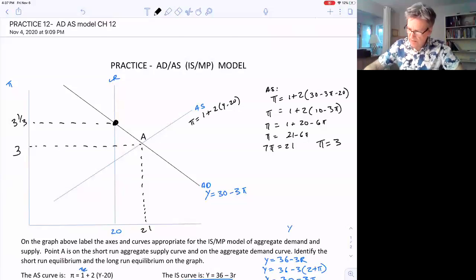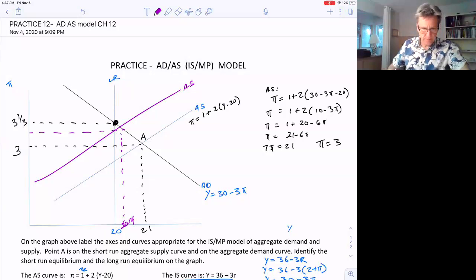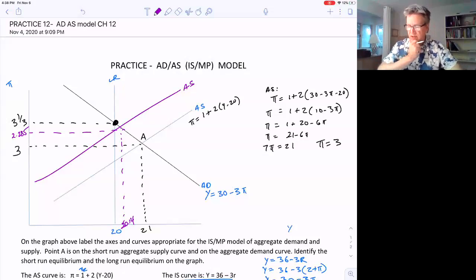So you can see that this aggregate supply curve jumps up quite a bit here. And we get 20.14 for the output and 3.285 for the inflation rate. So now people's new expectations are increasing.